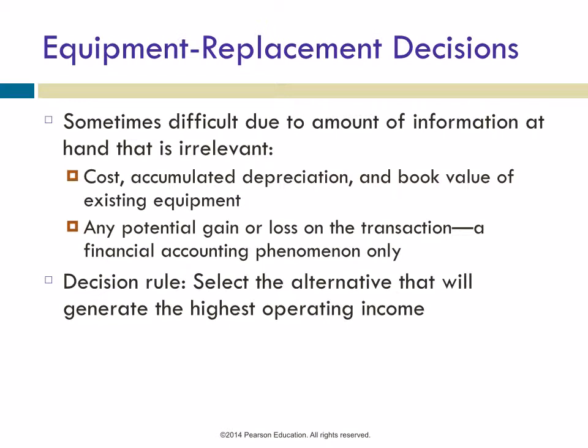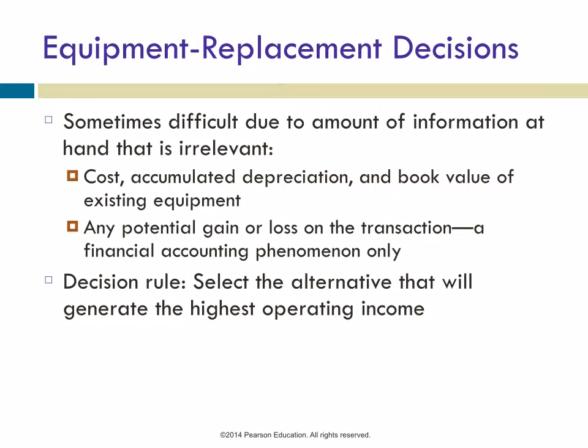So it's very tempting to look at that and look at any book gain or loss that you would see on the transaction and make that part of your decision-making process. The problem with that is that in doing so, you're basically looking at a lot of sunk costs and using those to make decisions about the future.